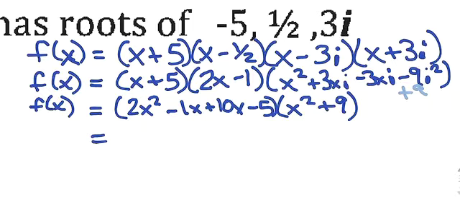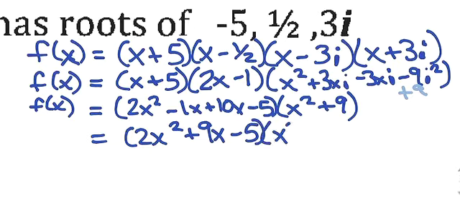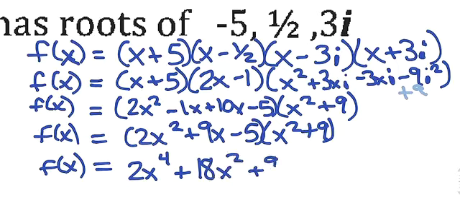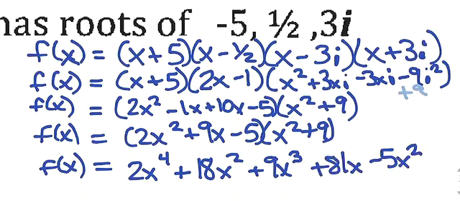Okay, and simplifying that, I now need to take this trinomial times this binomial and simplify that. So I'm going to have my function being 2x to the 4th plus 18x squared plus 9x to the 3rd, 81x minus 5x squared minus 45.